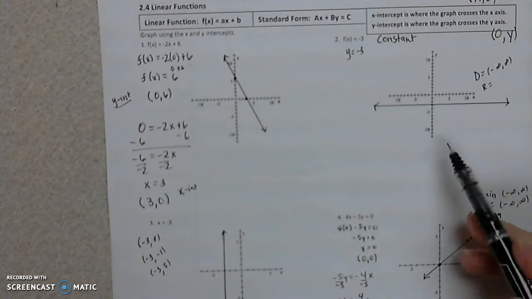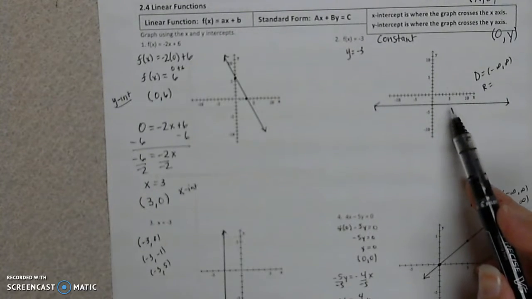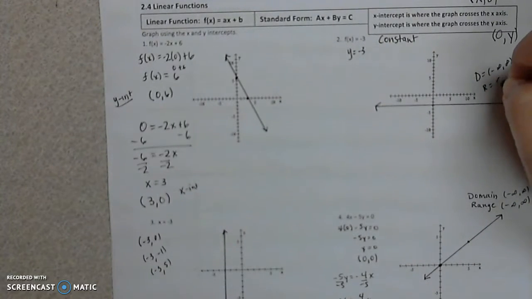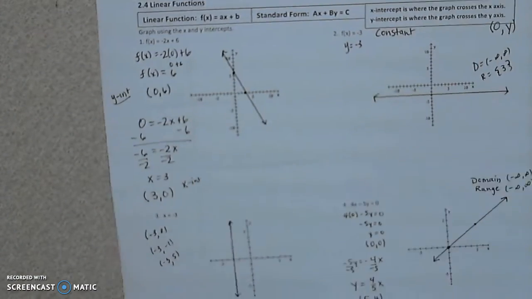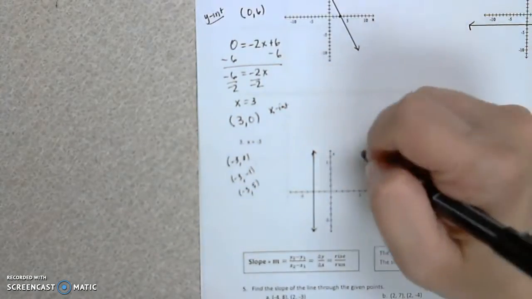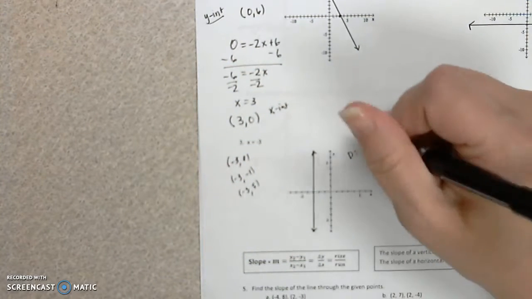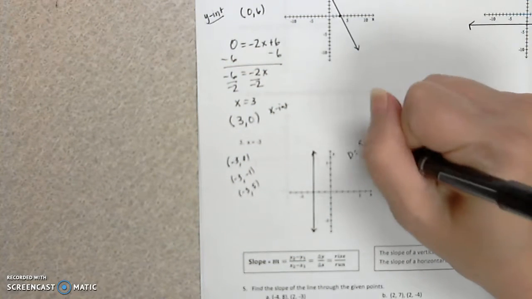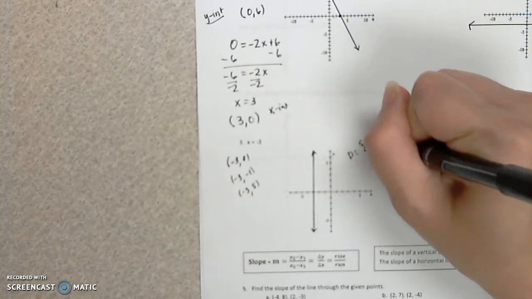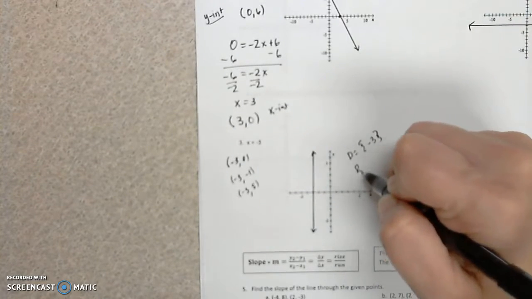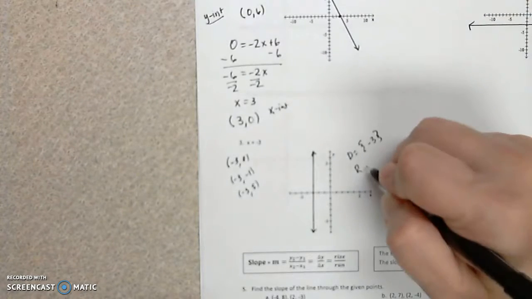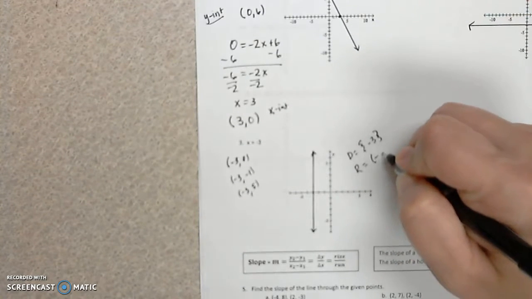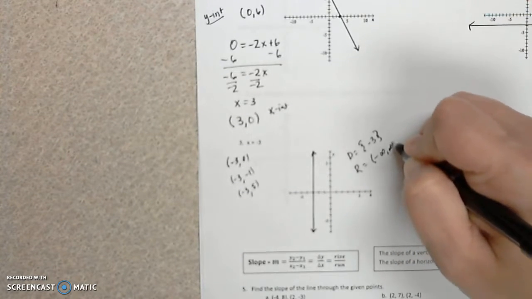However, there's only one value for y, the range, and that would be a 3. On this one, the domain would be just one value, that negative 3, but the range goes from one end to the other of the y-axis, so it would be negative infinity to positive infinity.